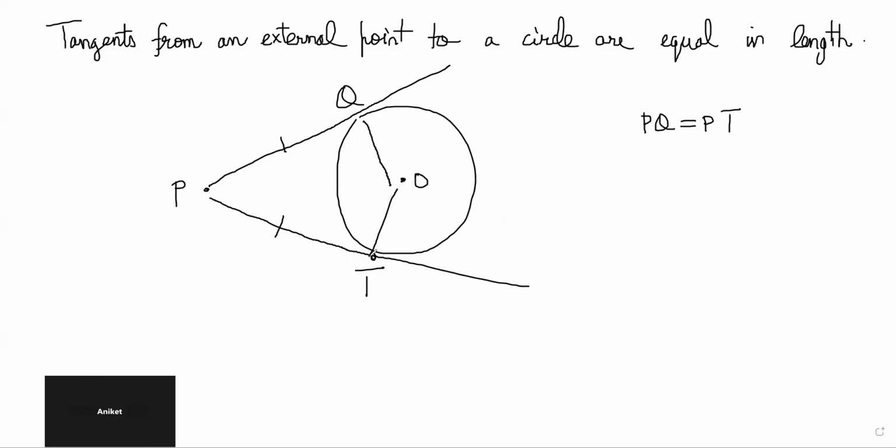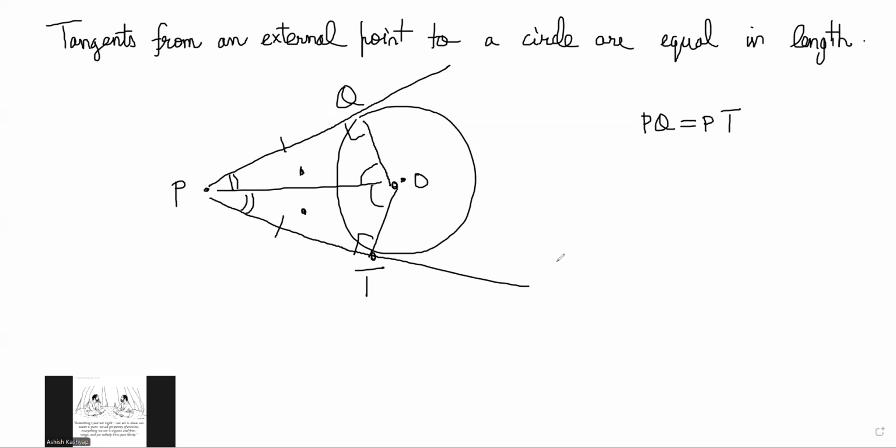So you can join it to the center. This is 90, this is 90, and join OP. These triangles are congruent. So PQ will be equal to PT. This angle will also match this angle, and this angle will also match this angle, right? Everything about these triangles will be same.